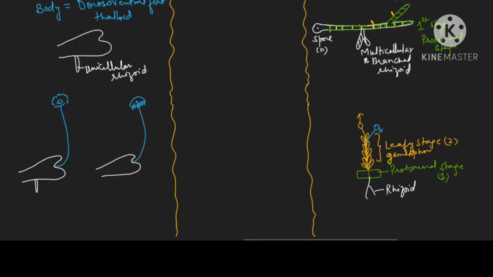So first of all, see here, this is the stalk. This stalk is going to bear antheridia. When it is bearing antheridia, we call this stalk antheridiophore. And this is going to bear archegonia, so we call this stalk archegoniophore.